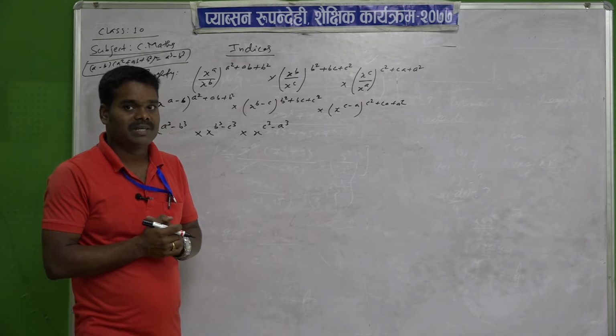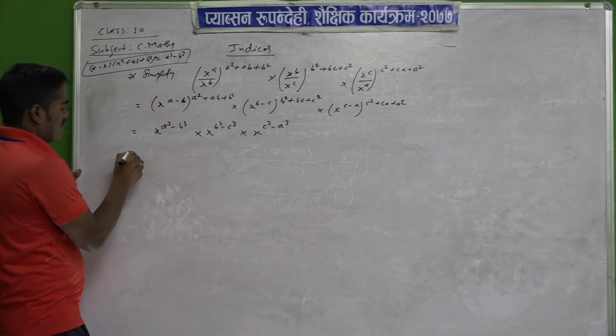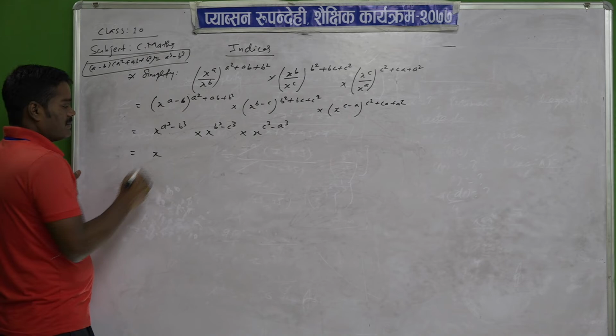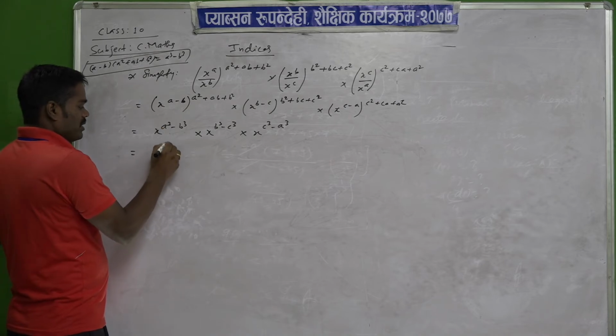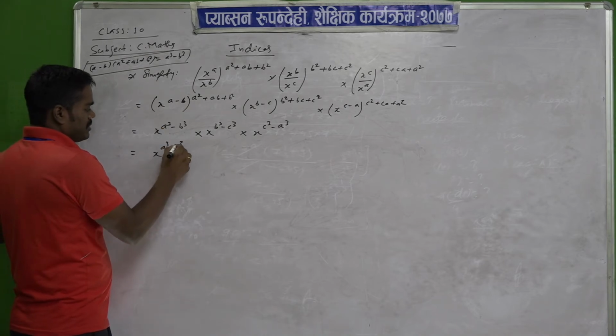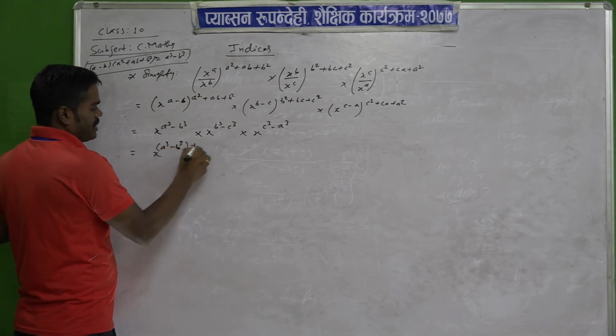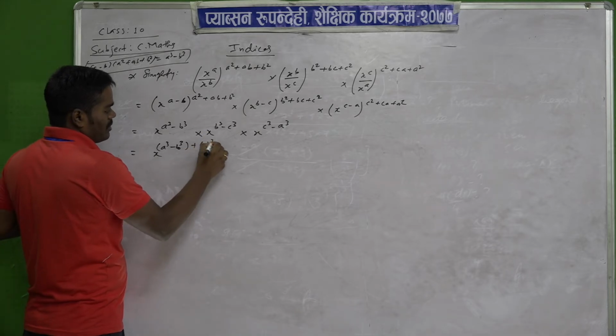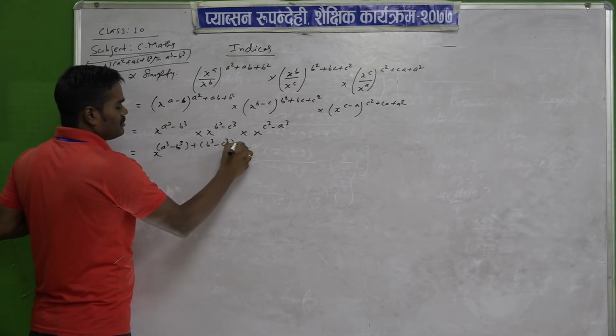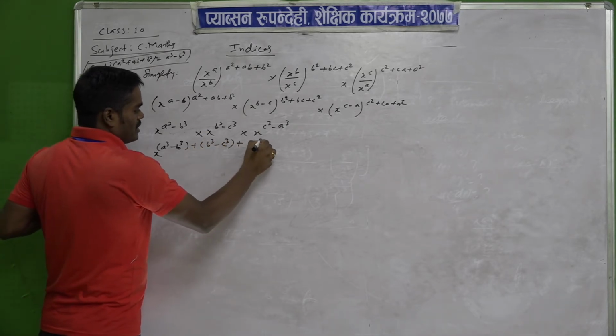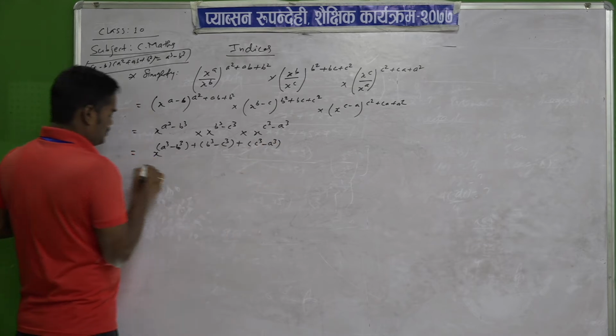So here the base is x, and what is the power here? a cube minus b cube plus the next power b cube minus c cube plus the next power c cube minus a cube.